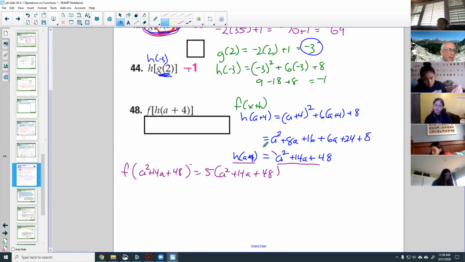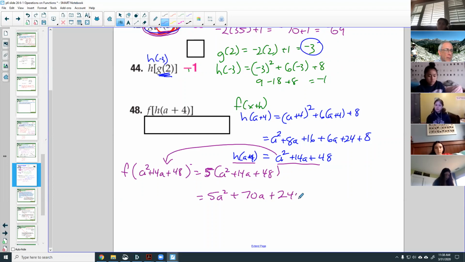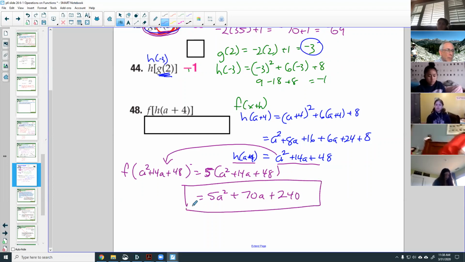So I'm taking that and sticking it in there as my argument for function f. And f just says take 5 and multiply it by your x. So this is going to get me 5a squared plus, what's 5 times 14, Ryan? 70a. 70a plus 240. And that should be my answer.